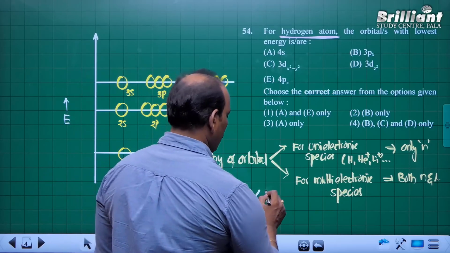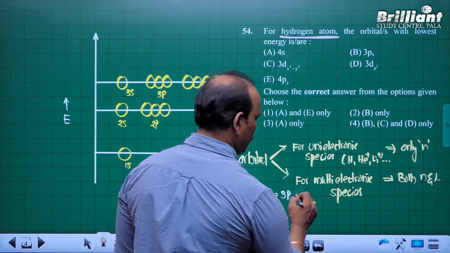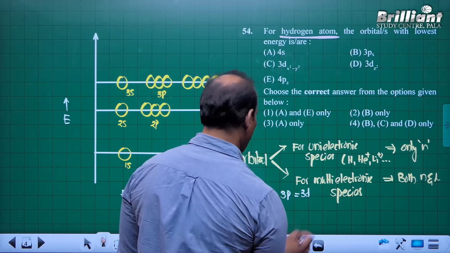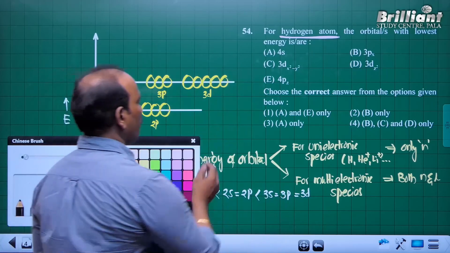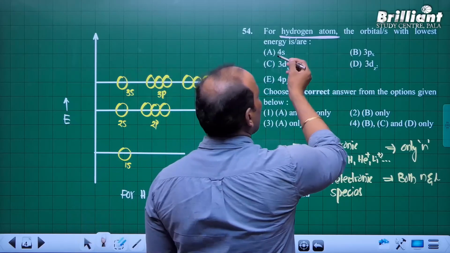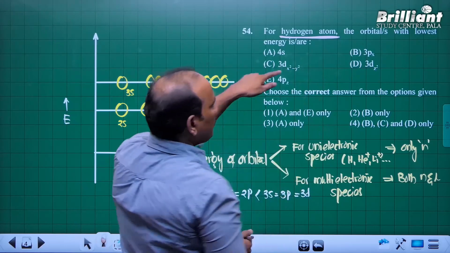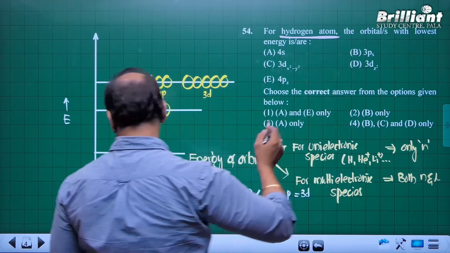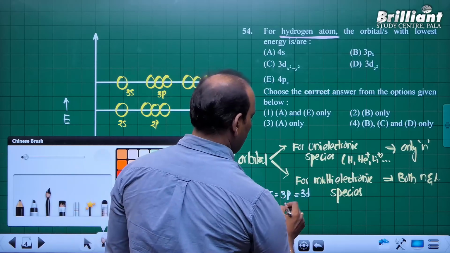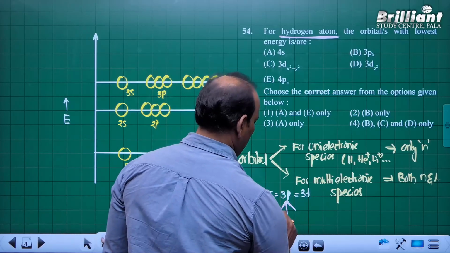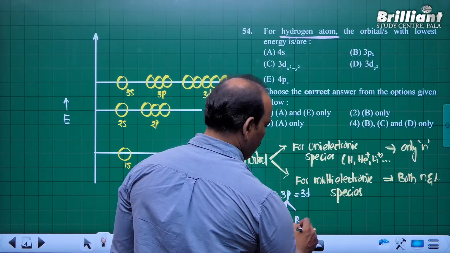Then 3s, 3p and 3d are all equal. Okay. Now we are going to that. These two are equal energies, remaining 2, that is nothing but here 3p, in this one, here px, py and pz.